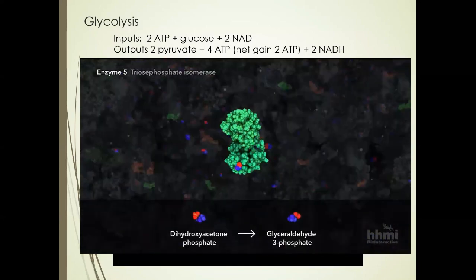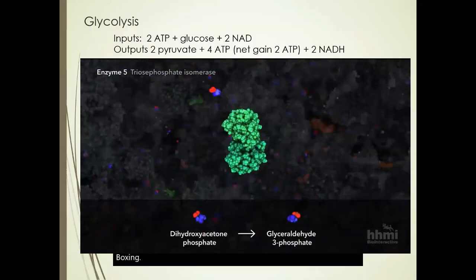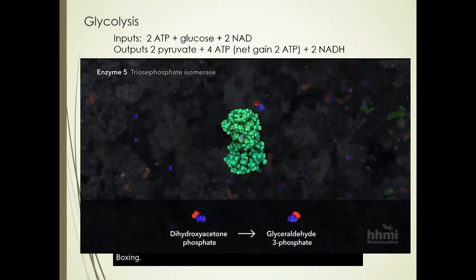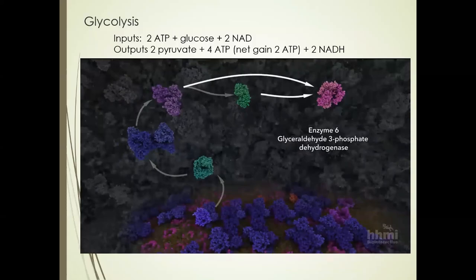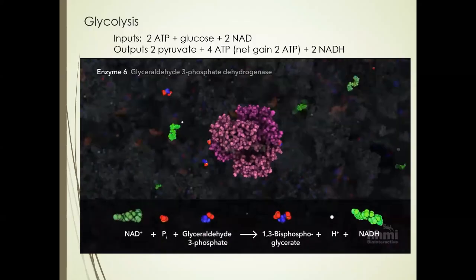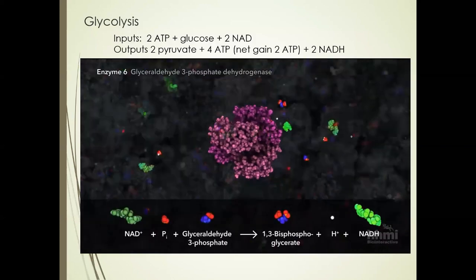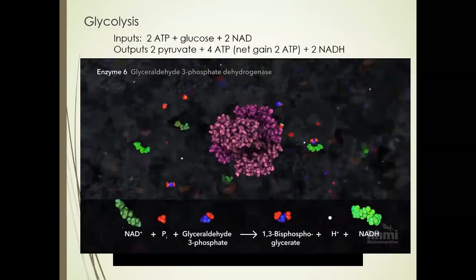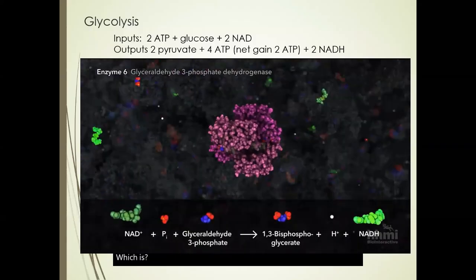The sugar isomer, dihydroxyacetone phosphate, must first be converted through isomerization before continuing to the sixth enzyme. The sixth enzyme adds a second phosphate to glyceraldehyde 3-phosphate, creating 1,3-bisphosphoglycerate, while 2 electrons are transferred to NAD+, which is reduced to NADH.